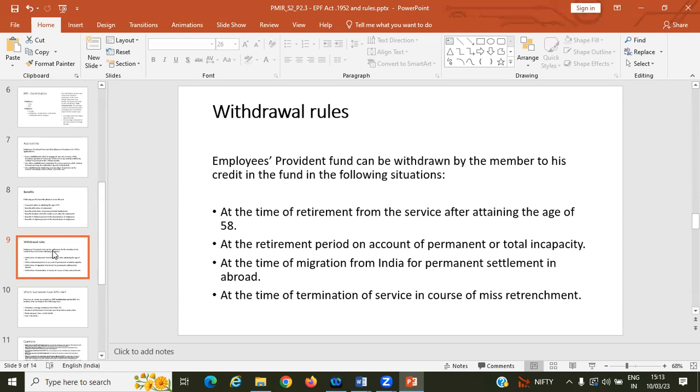So whenever you are retired or you have some obligation, like family obligation, and you have some incapacity in work, or you are transferring to a different country from one country to other country, in those cases you can withdraw the money.